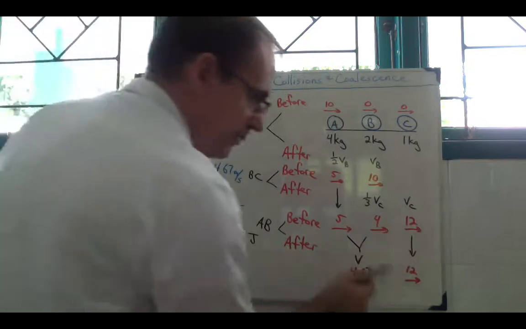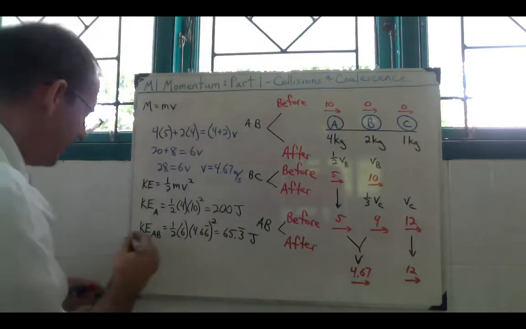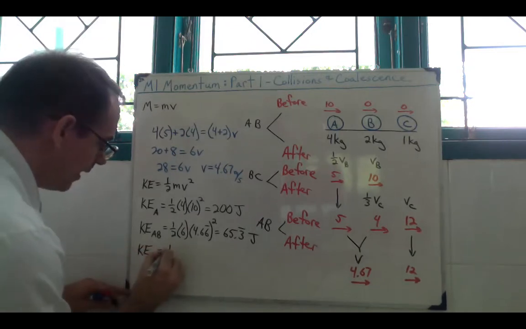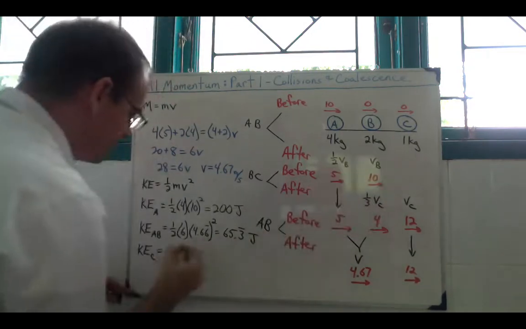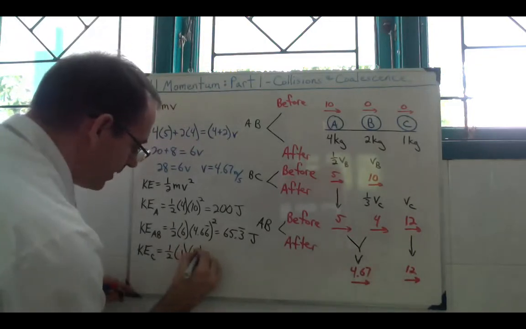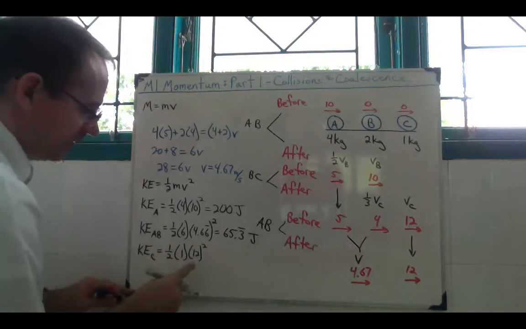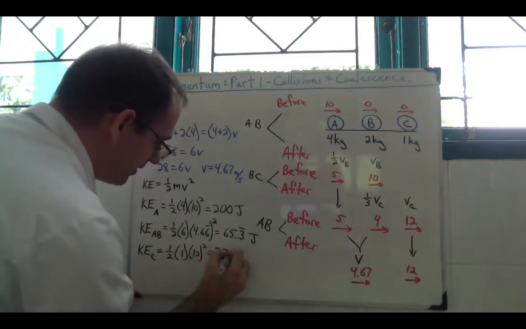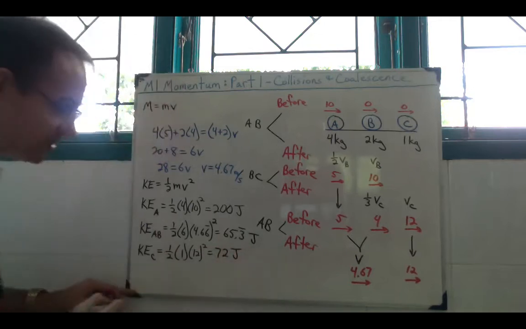Now we want to see how much kinetic energy is in our particle C. So 1/2, mass is 1, and speed is 12, again velocity squared. So that's 144 divided by 2 is 72 joules.